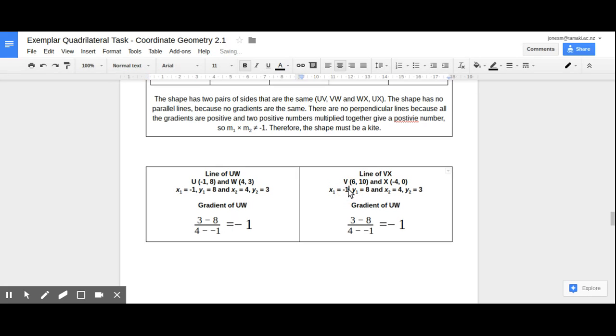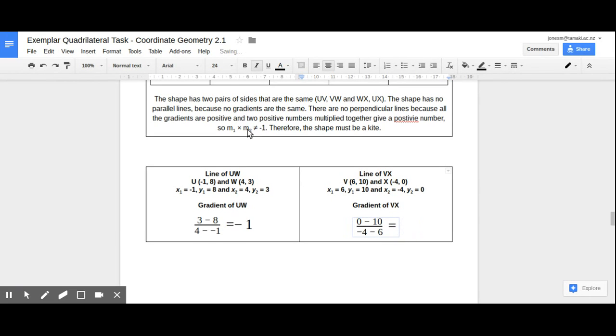And so our x1 in this case is 6, our y1 is 10, our x2 is -4, and our y2 is 0. So we're looking at the gradient of VX, and so we have our y2 minus our y1 divided by our x2 minus our x1.